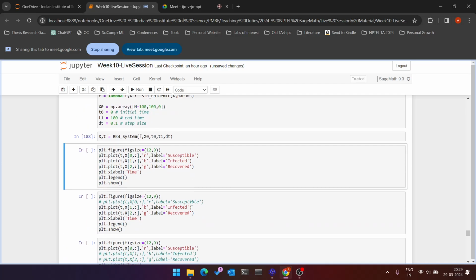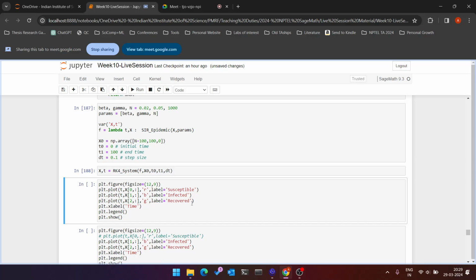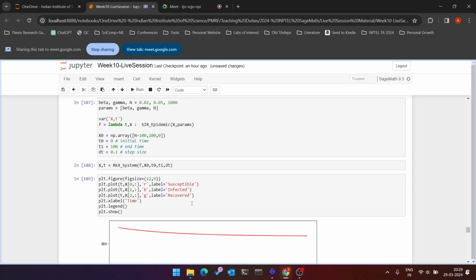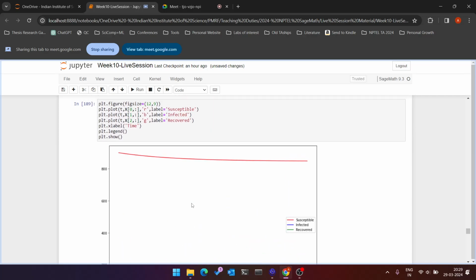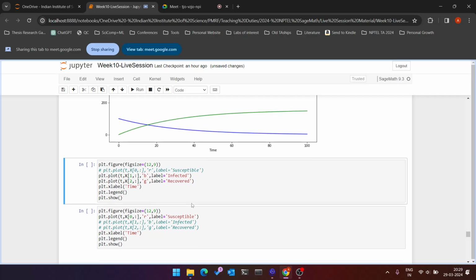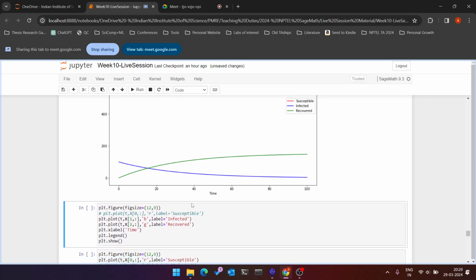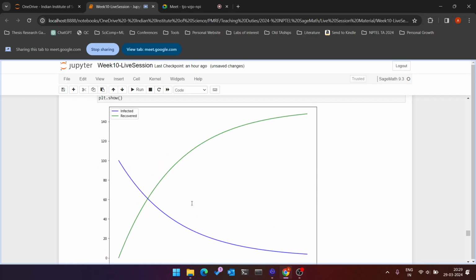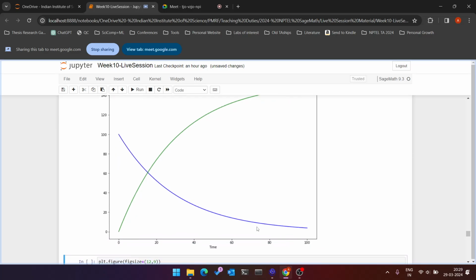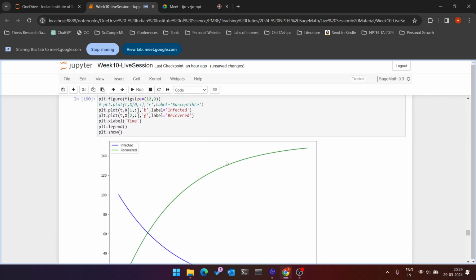If I run the system and plot the values, you can see that something is happening here. If I print only the infected one and the recovered one, you can see that the amount of infected is slowly coming down, whereas the amount of recovered is increasing.